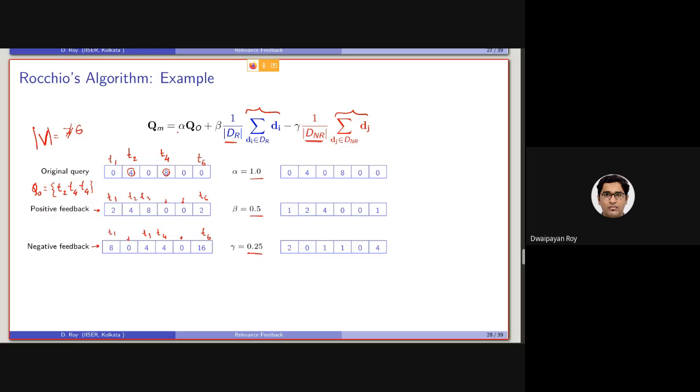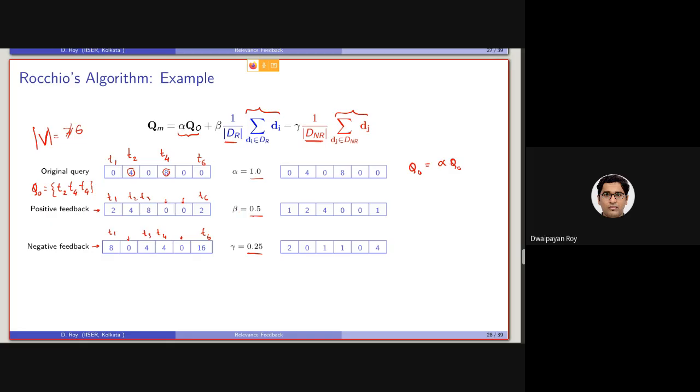So applying 1 to the original vector will end up with the same query. So this will be basically the same as the original query, as we are considering alpha equals 1. So here Q0 is equal to alpha times Q0, the original query vector, because alpha is 1.